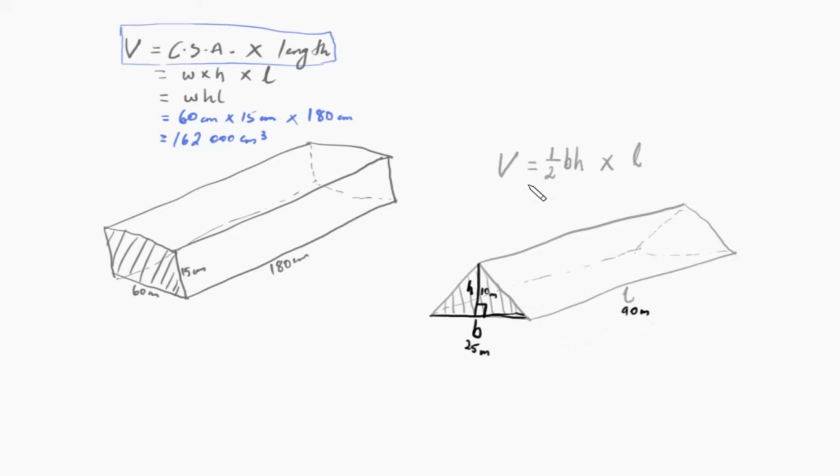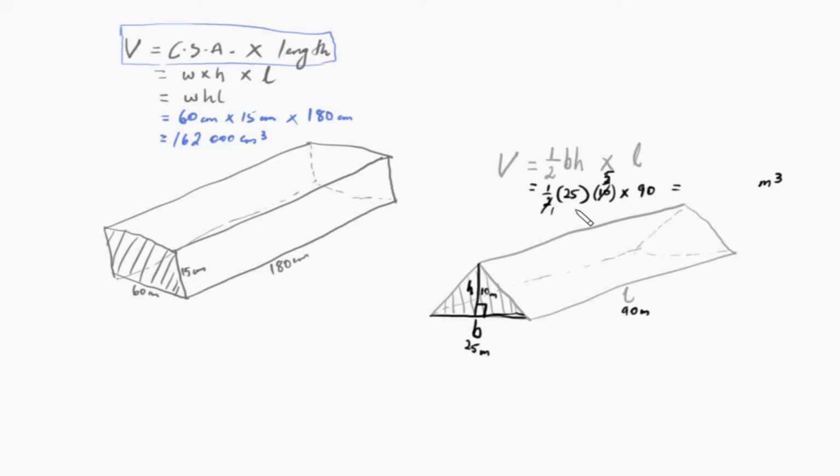Now, what do you do? You just substitute and say, okay, I have half base, base is equal to 25, times height, height is equal to 10, then times length, length equals 90. All are meters, so meter by meter by meter is going to be meters cubed. That would be our unit here. So now, 2 into 10 goes 5 times.